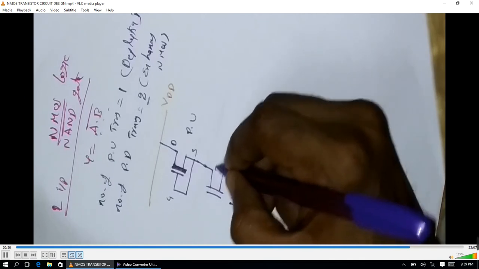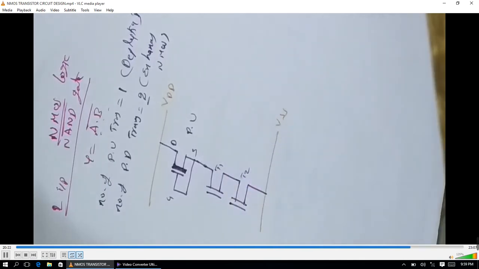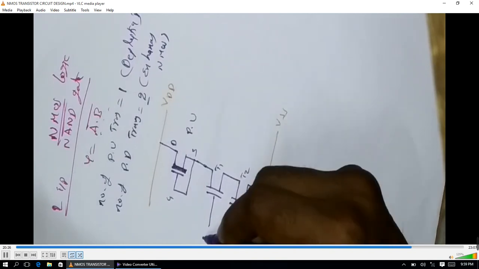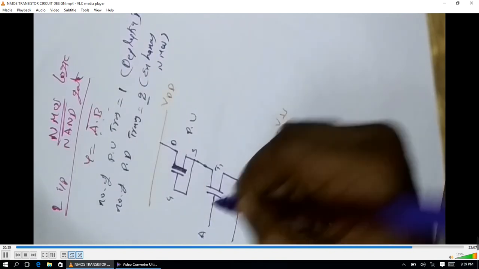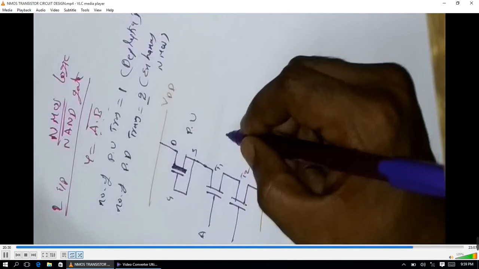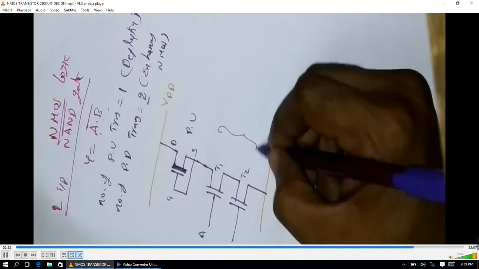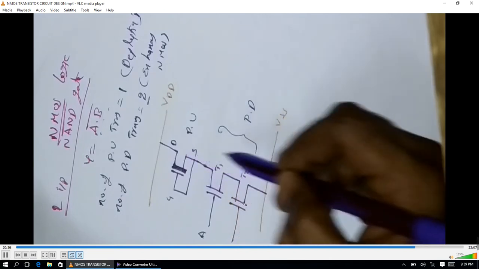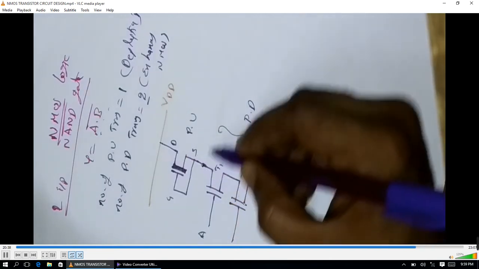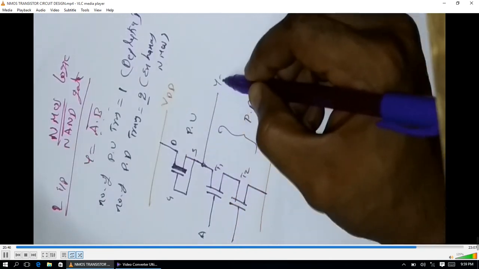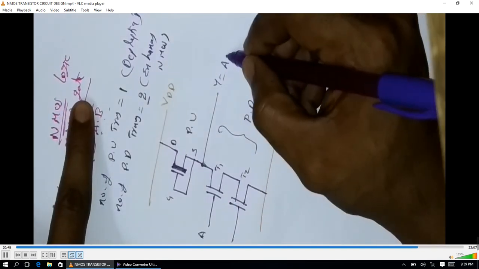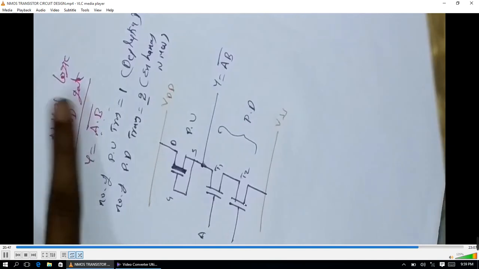You can show the transistor numbering T1 and T2, and the inputs must be given here A and B. These two come under pull down transistors. The output should be obtained in between pull up and pull down. Y is always a complement output. Simply you can consider AB, the output should be AB whole bar.